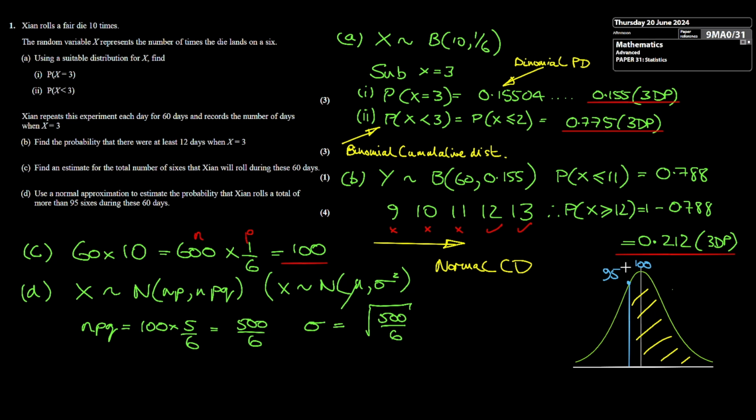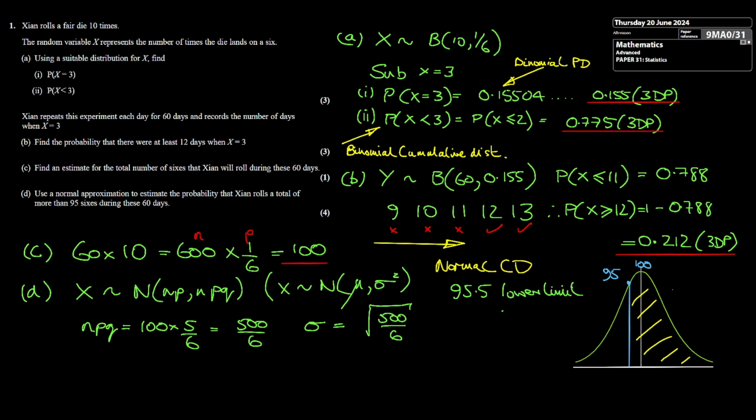Now 96 being a discrete column here will, if you consider bounds, occupy the space from 95.5 upwards. The curve now being continuous rather than a discrete value, 96. So the lower limit is going to be 95.5.